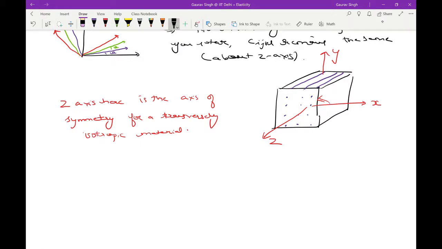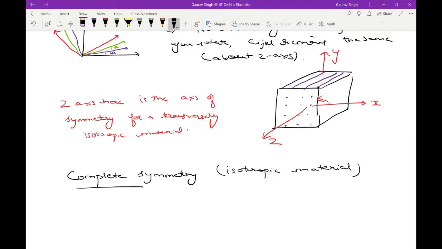Now coming further to that, complete symmetry, or the so-called isotropic material. What would this mean? The previously applied symmetry was for all angles practically, I mean theta tending to 0, for rotation about the z axis.